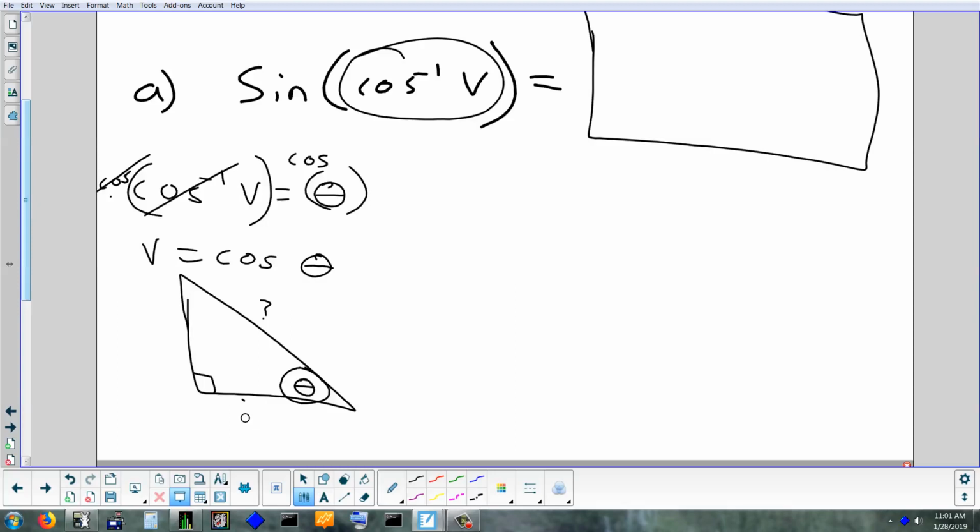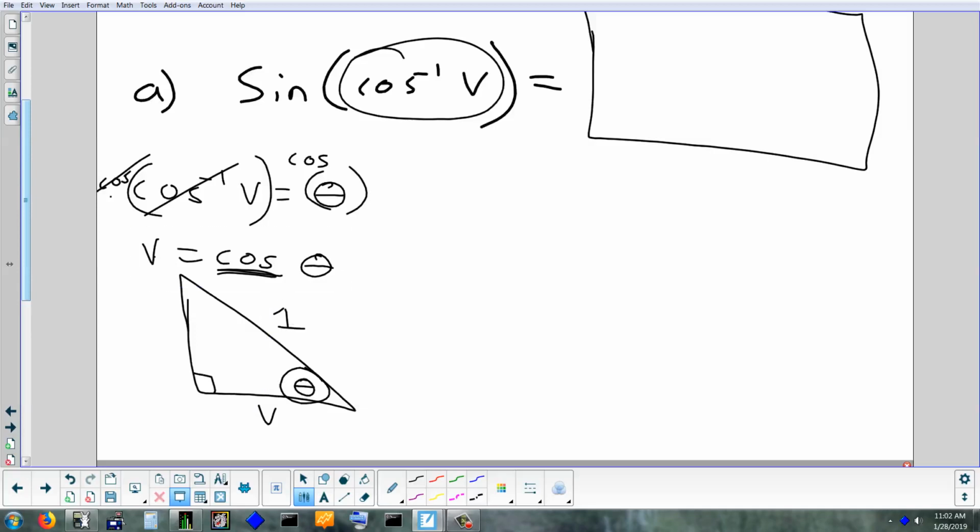Which side would be v? Well, cosine involves adjacent over hypotenuse. So where would you put the v? Adjacent. And then that means the hypotenuse would be 1. So now the cosine is adjacent over hypotenuse. V over 1 gives me v. So I just set up a picture for that equation.